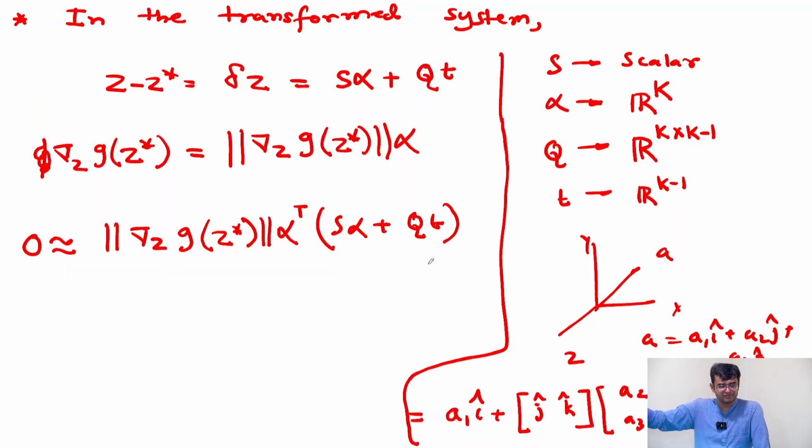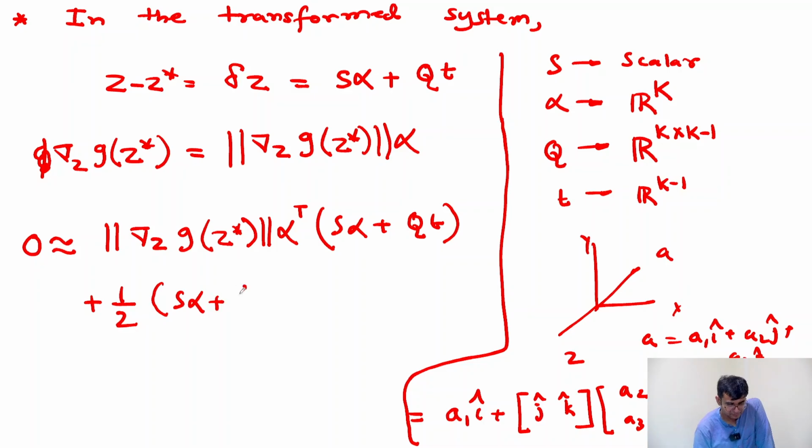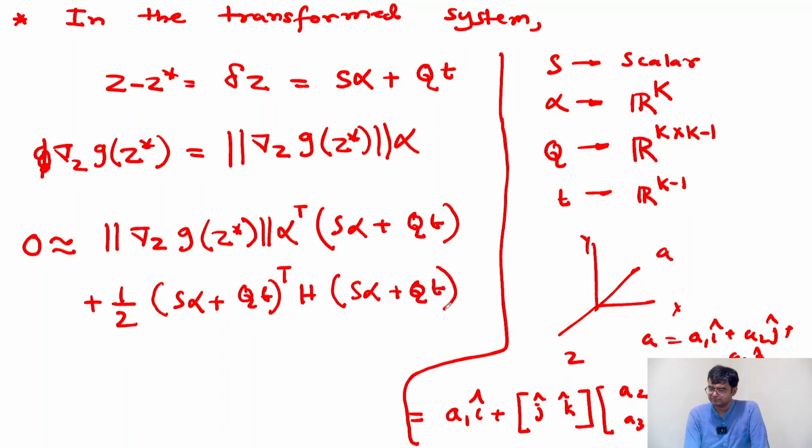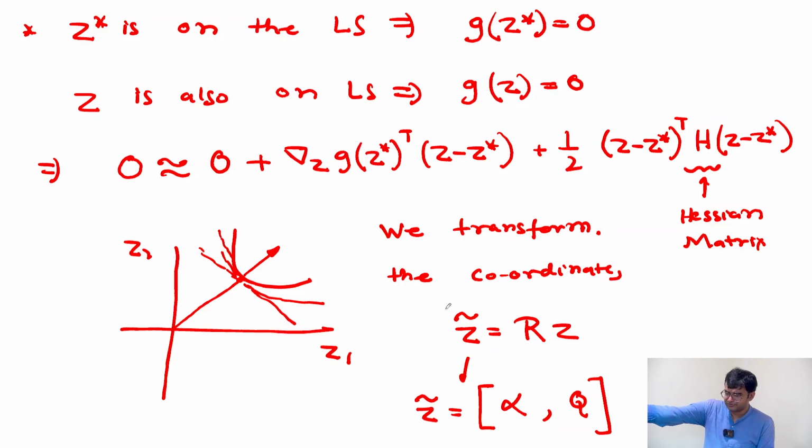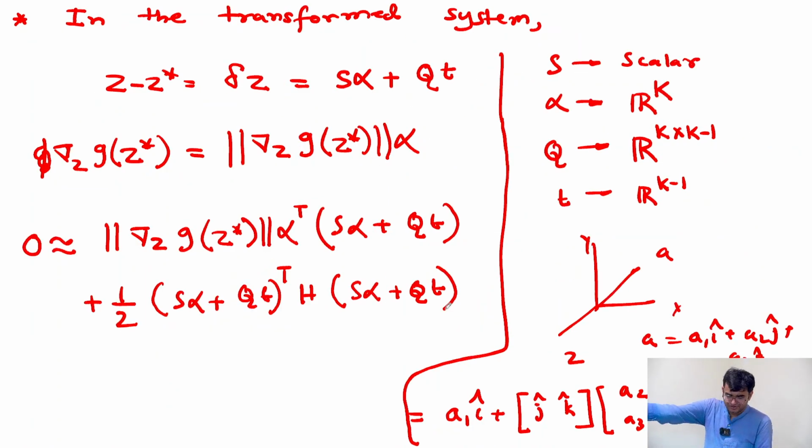This is the first term, right? Clear? What will be the second term? Half S alpha plus Q t transpose H S alpha plus Q t, right? Because it was Z minus Z star transpose, that is S alpha plus Q t, multiplied by H, which remains H, and then Z minus Z star, that becomes S alpha plus Q t. Any doubt?